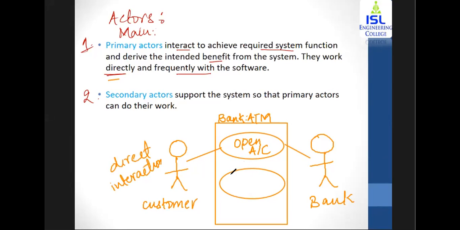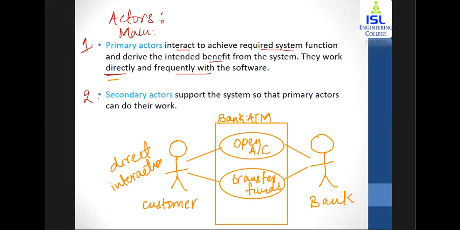Now suppose the customer wants to transfer funds. Then again there is a relationship between the customer and the use case transferring the funds. To transfer the funds, you need the bank number that you're giving as the address, that is your IFSC code, of the person that you're transferring the balance to.